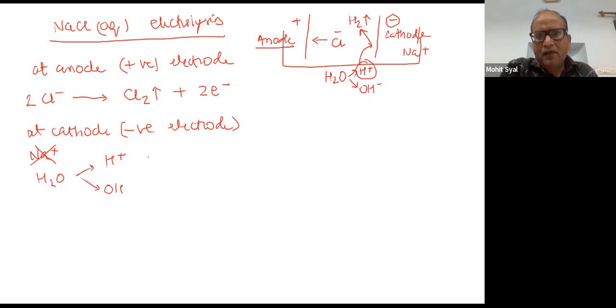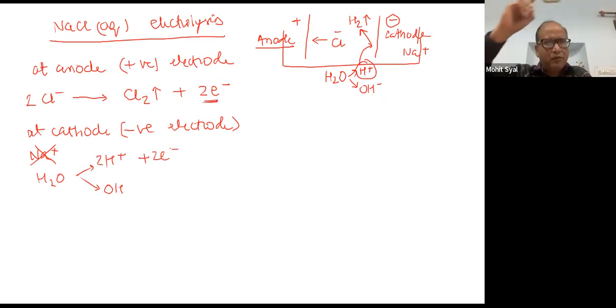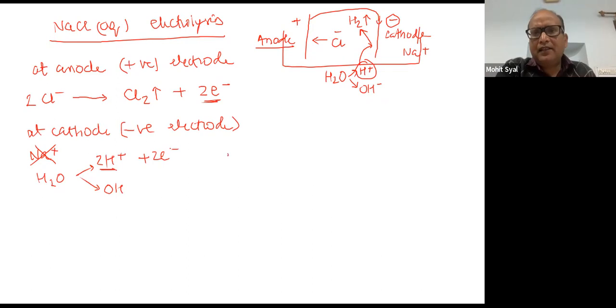So H+ will go and accept the electrons. 2H+ will accept two electrons which were released at the anode. They come through the wire and are accepted by 2H+, and this forms H2. So H2 is liberated at the cathode, and chlorine is liberated at the anode.